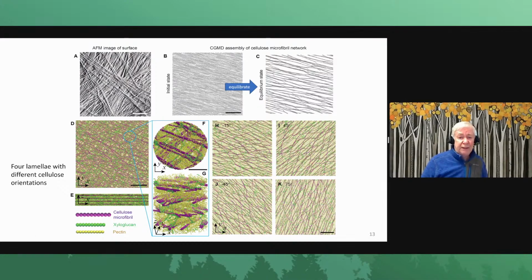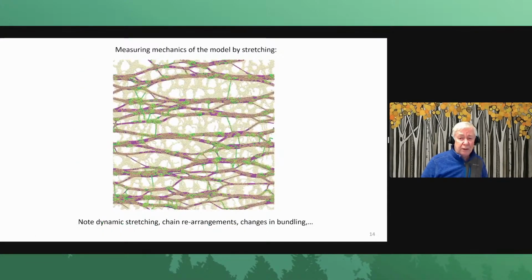All right, so once that's set up, then we can do some mechanical experiments where we stretch the wall and measure the forces and therefore the stresses that develop in the polymers of the cell wall, and get stress-strain curves. I'll show you a movie of a single lamella.